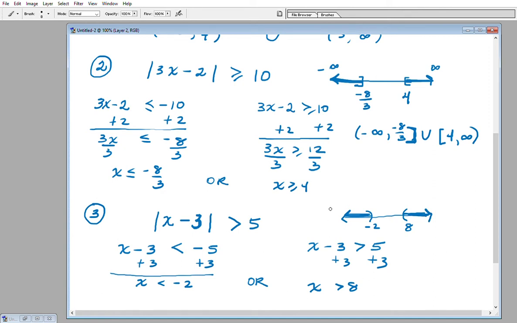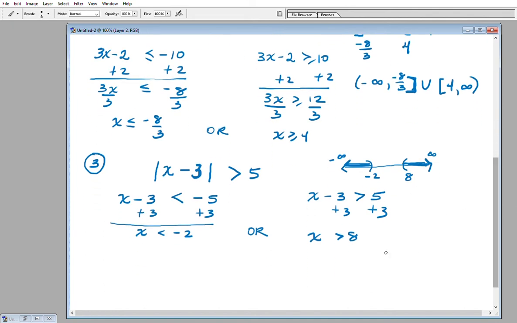It's nice to do it on the number line because that translates well to the intervals. So for the intervals, just looking at this, we would have minus infinity to minus 2 together with 8 to infinity.